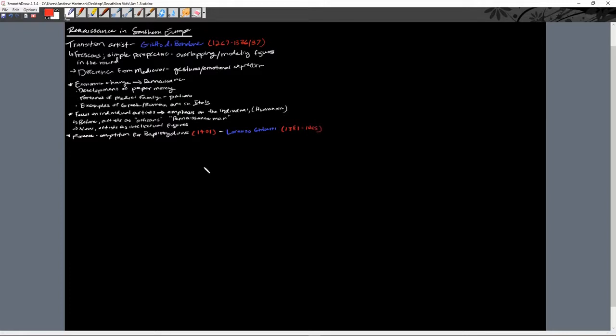Okay, and he uses a kind of Greek style. He uses a Greek kind of style panel door, which depicts the sacrifice of Isaac, in which Isaac appears as a kind of Greek figure.